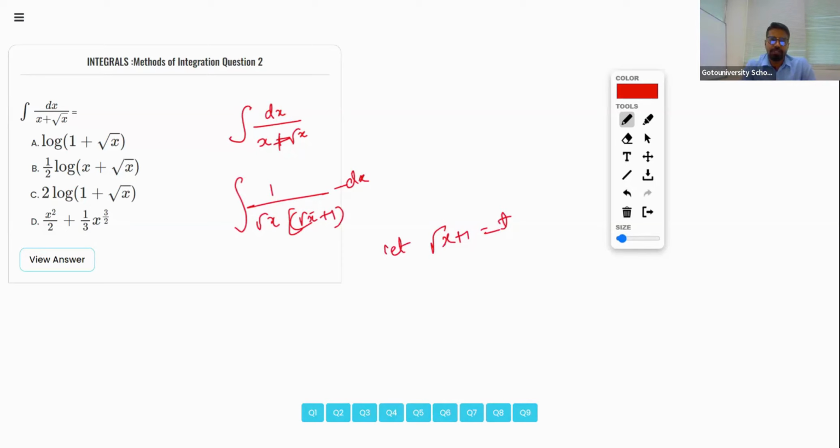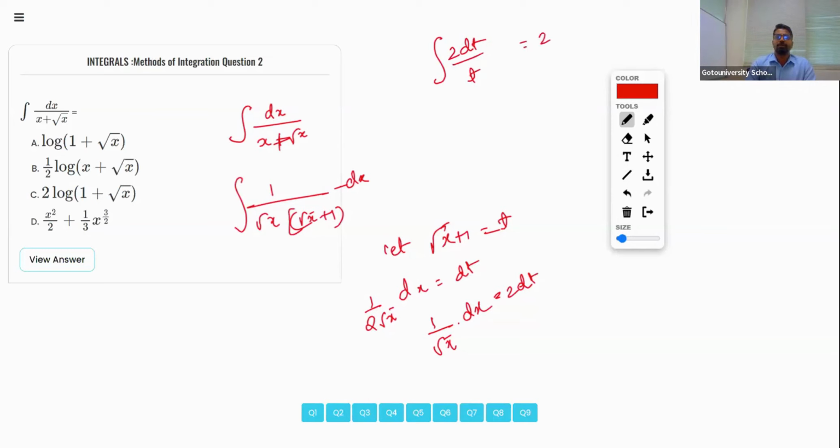So when you differentiate this, we get 1 by 2 root x into dx is equal to dt. Now I have in the question 1 by root x into dx, which has to be 2 dt. So my question remains simply 2 times dt divided by t.